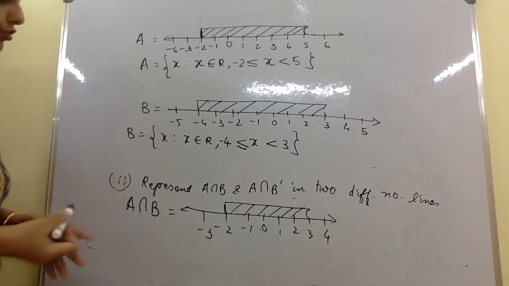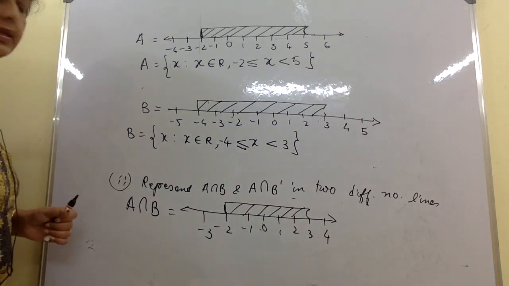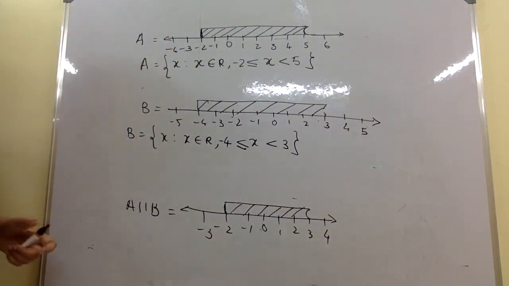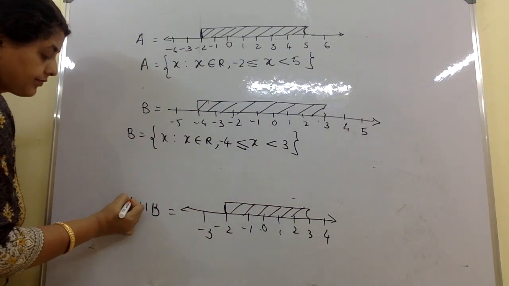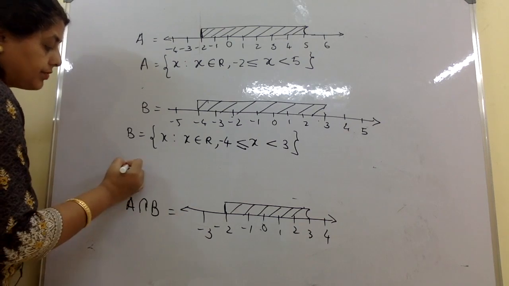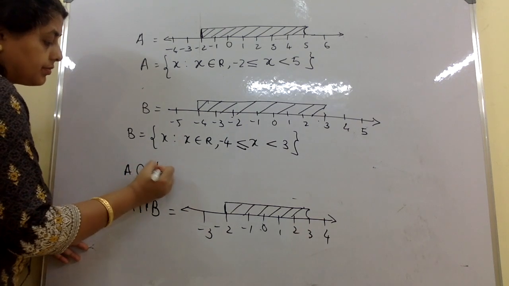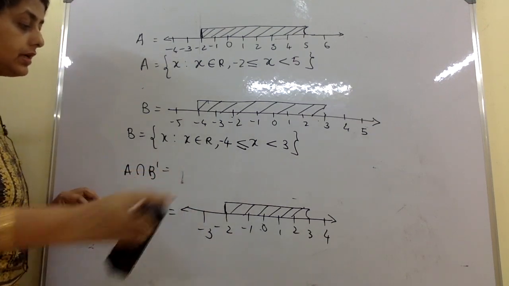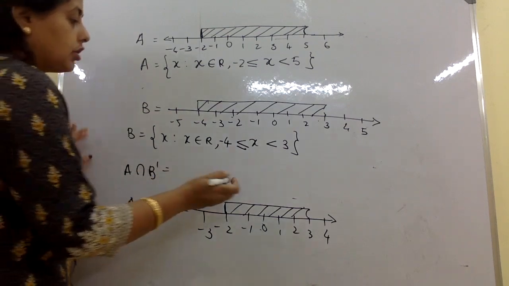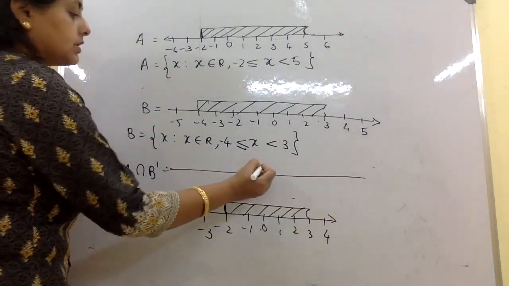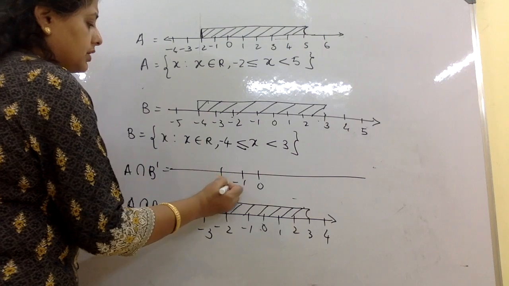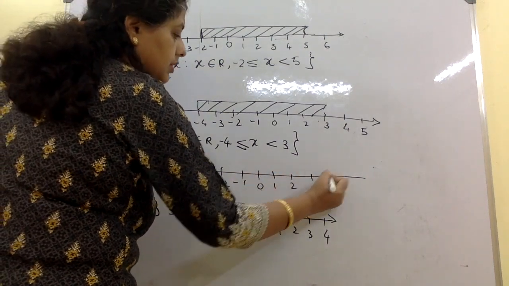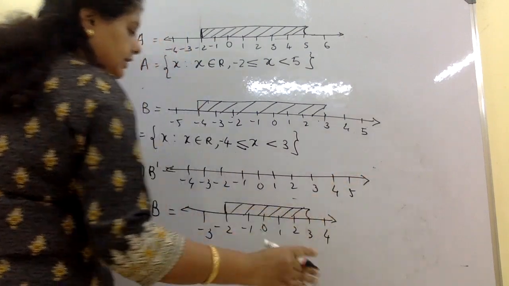So let me now draw for A intersection B complement. Okay, so let's see. This is A intersection B and I have A intersection B complement, which is, again, this is a graph and I really don't have to draw too much of these, but I'll draw 0, minus 1, minus 2, minus 3, minus 4, 1, 2, 3, 4, 5 and that's it.